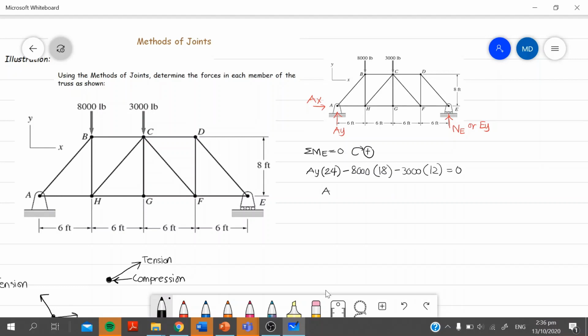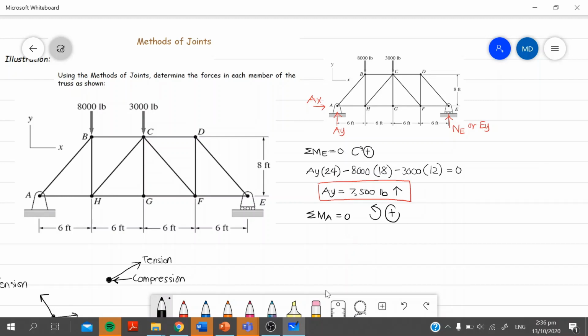So, solve for AY. So, AY is 7,500 pounds. Since positive man ang answer, so tama ang assumption nato na pasaka siya. Okay, how about we solve for EY? So, for EY, sum up na lang din tayo ng moment about A. So, this time, say counterclockwise positive.